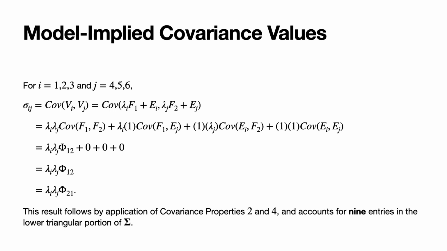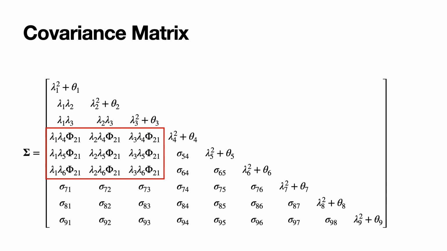And so sigma sub ij is equal to lambda sub i times lambda sub j times cap phi sub 1,2, and that's also equal to lambda sub i times lambda sub j times cap phi sub 2,1. This result follows by application of covariance properties 2 and 4, and it accounts for 9 entries in the lower triangular portion of cap sigma, as shown here.